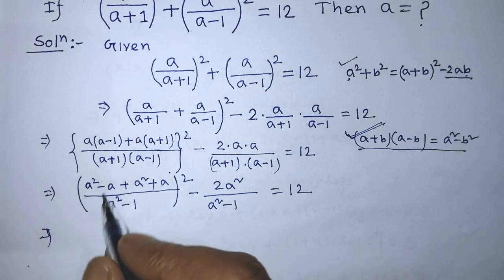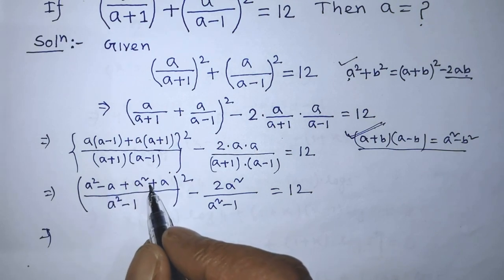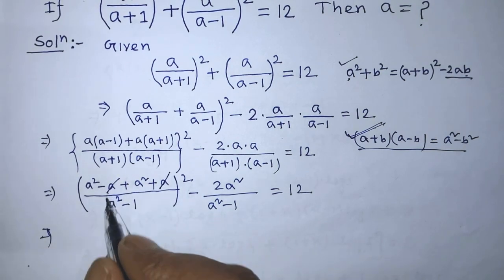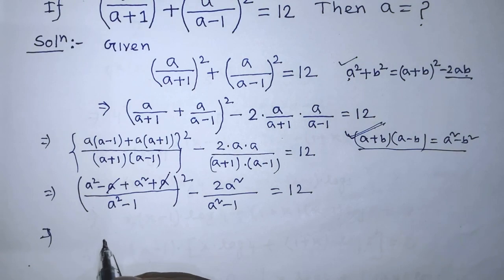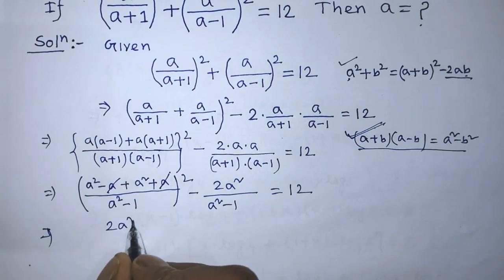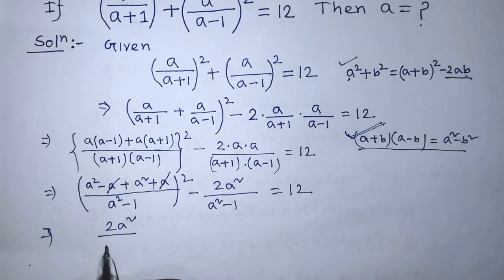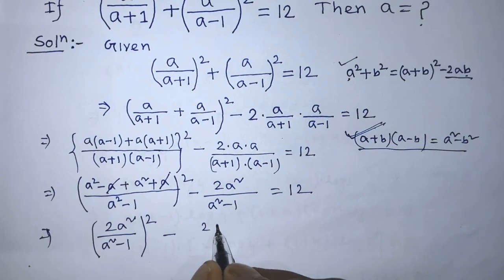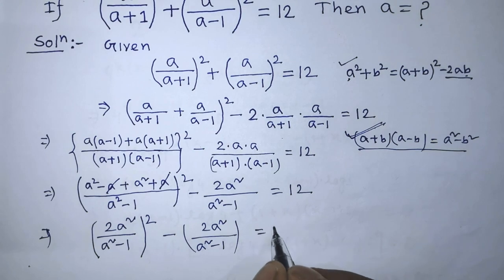So student, in this algebraic expression, in the place of numerator we can cancel plus a and minus a. After that we can write a square plus a square, that is 2 a square, over (a square minus 1) whole to the power 2, minus, again, 2 a square over a square minus 1, is equal to 12.